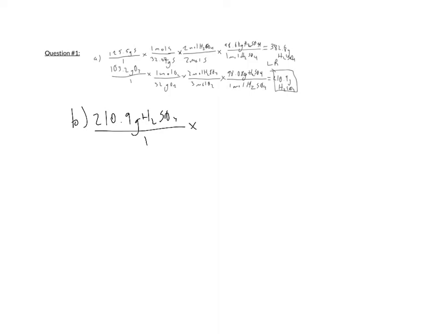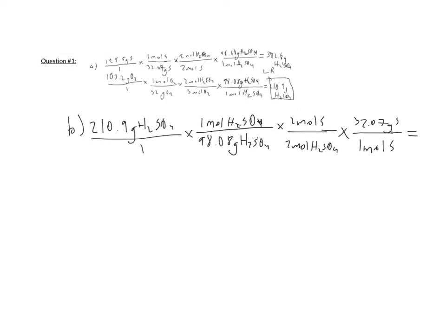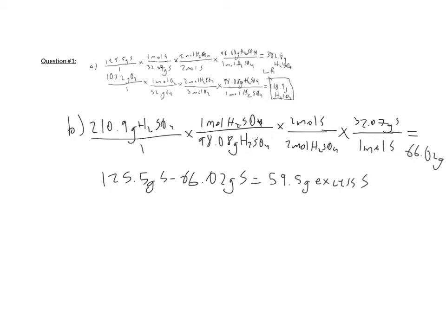Then we'll use molar mass to find moles of H2SO4, use the mole-to-mole ratio to find the moles of S, and then we'll use the molar mass of sulfur to find the grams of sulfur consumed, which is 66.02, and then we subtract that from the 125.5 grams of sulfur initial, and we will get 59.5 grams of excess sulfur.